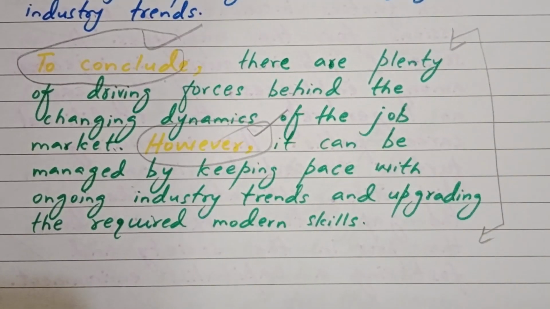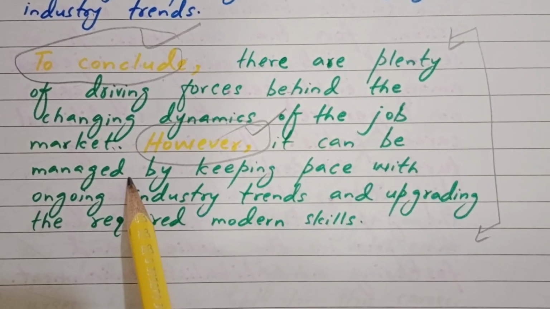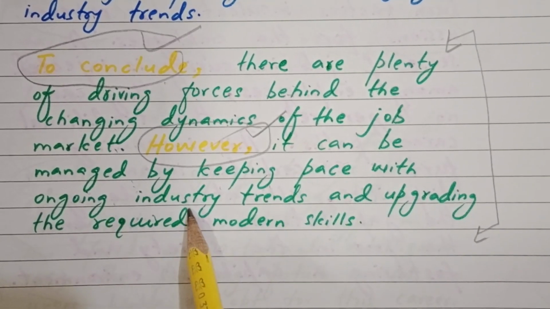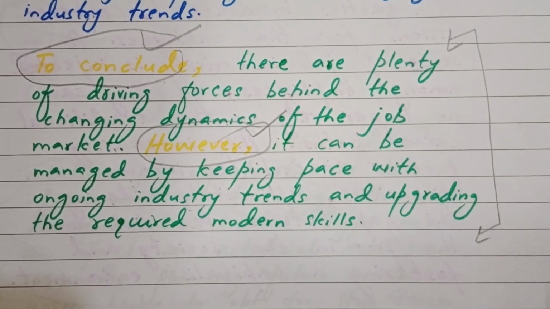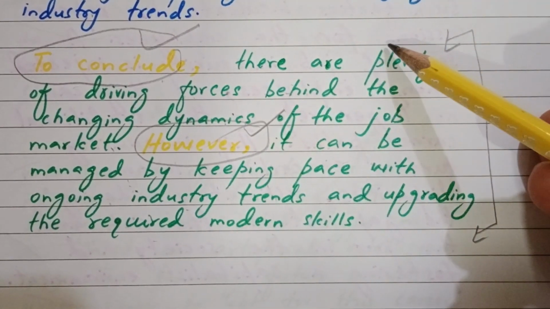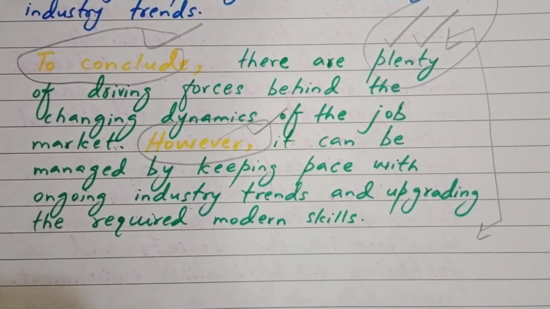However, it can be managed by keeping pace with ongoing industry trends and upgrading the required modern skills. So in this conclusion, I have mentioned the problem and the solution, which were the main parts of the essay.